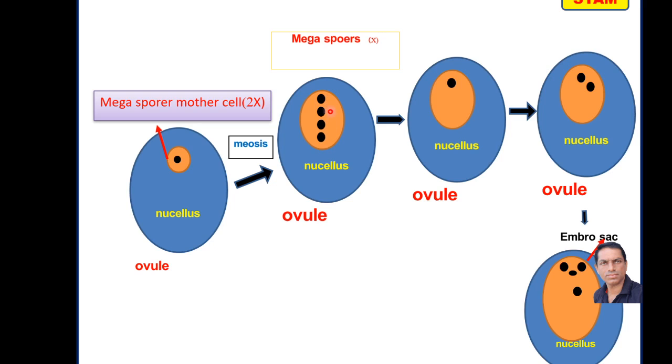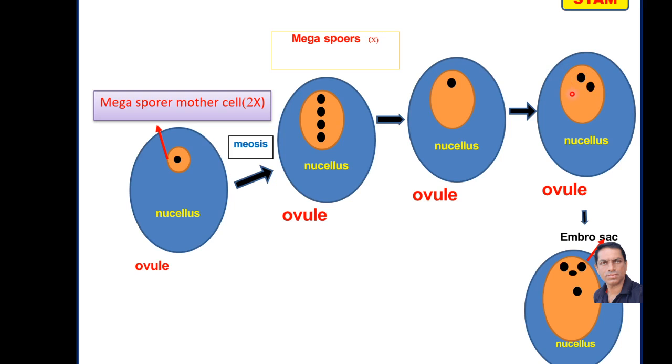Out of four haploid megaspores, the chalazal side three haploid megaspores degenerate and the micropylar side haploid megaspore is functional. The single haploid megaspore undergoes mitosis and forms two nuclei.